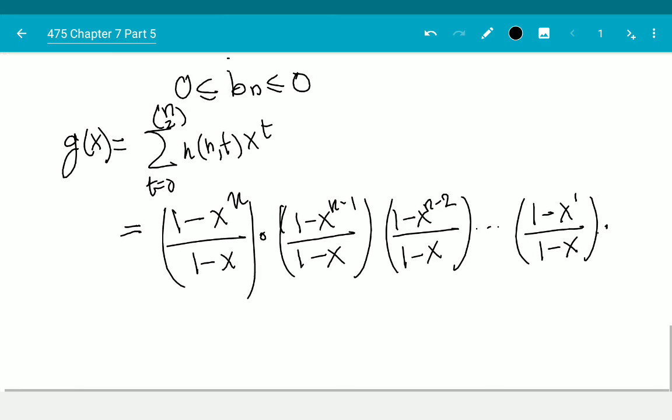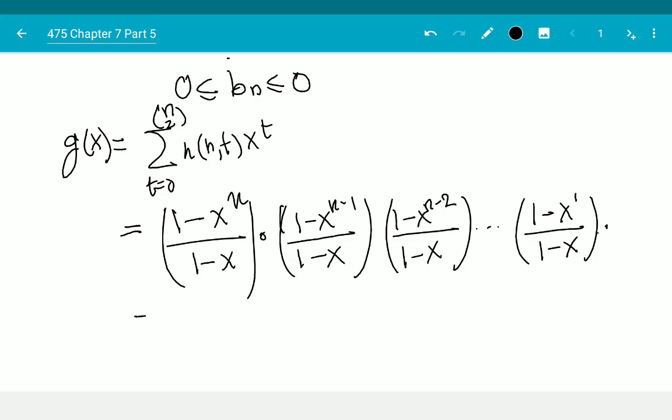For the last one, it is just 1, right? So it is not 1 minus x to the 0. This is the 1, right? 1 minus x to the 1 over 1 minus x is my 1. These are exactly n elements, 1 to n.